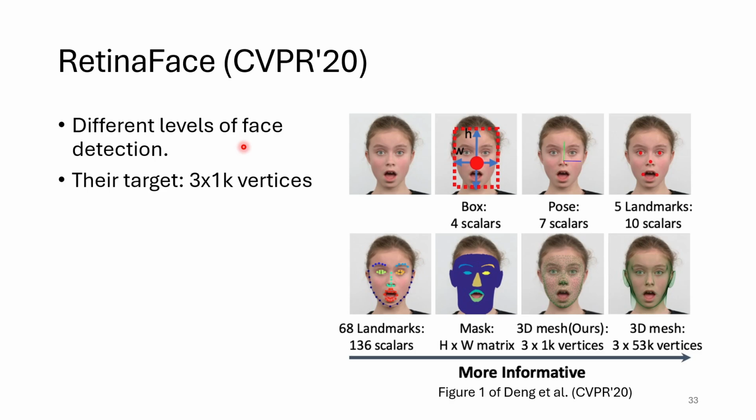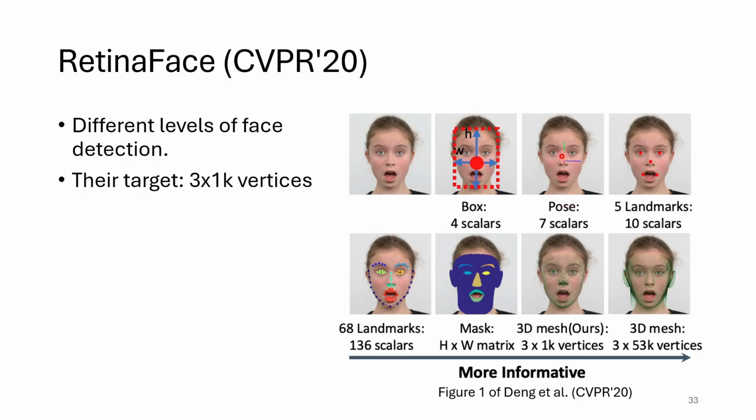What do we want to detect? There are several levels of detection. The first level is just using a bounding box. How many parameters do you need to label a bounding box? The center x, y, and the width and height, just 4 parameters. You can label a face.